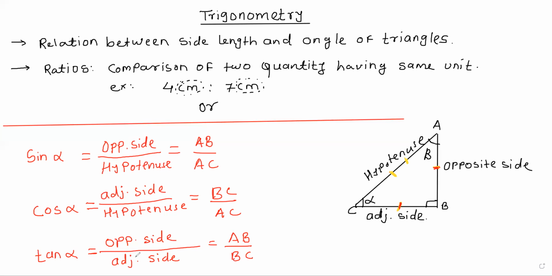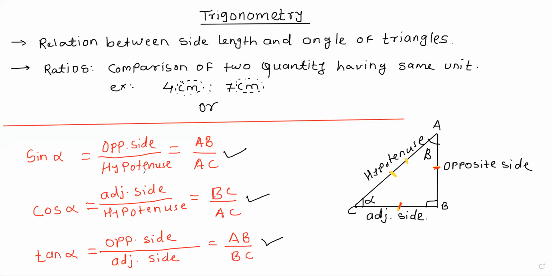These are the basic ratios of trigonometry. We have compared first opposite upon hypotenuse, then adjacent upon hypotenuse, then opposite upon adjacent.